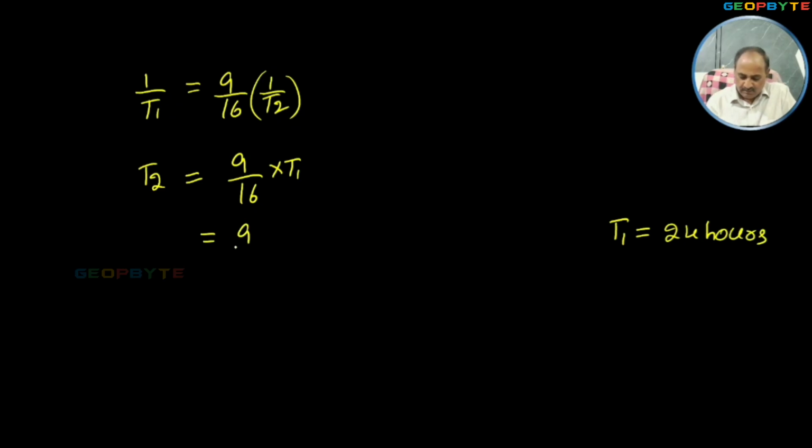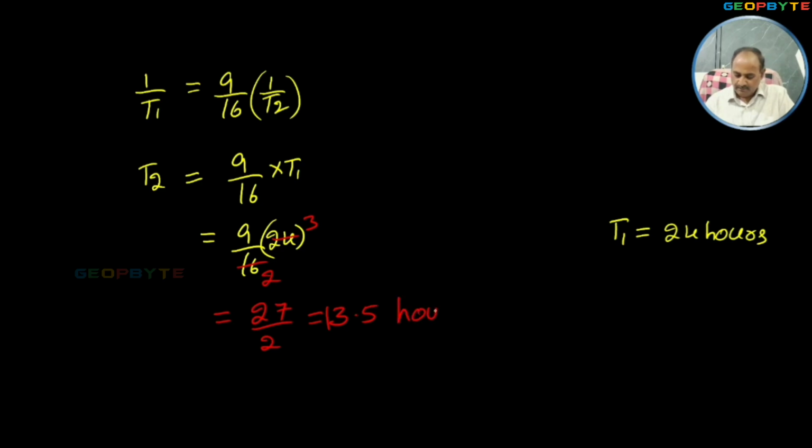So it is equal to 9 by 16 into 24, which is 27 by 2, equal to 13.5 hours.